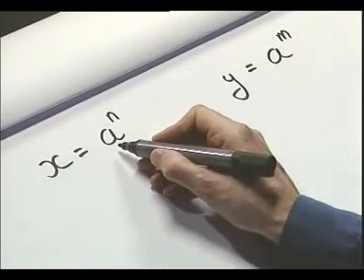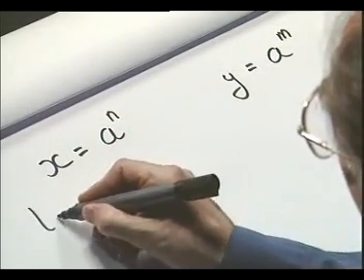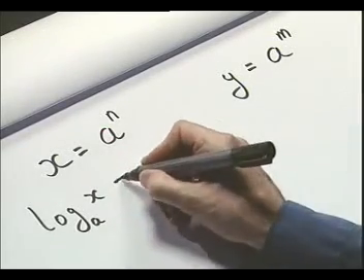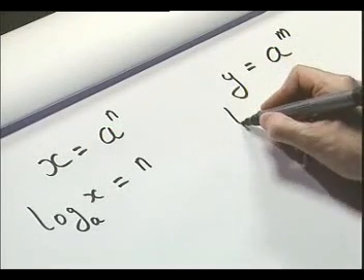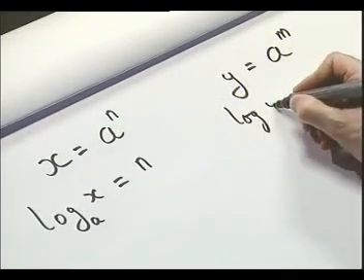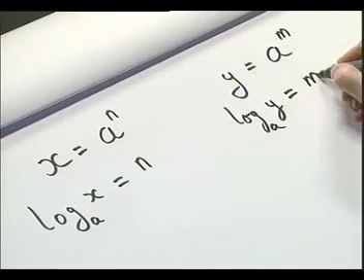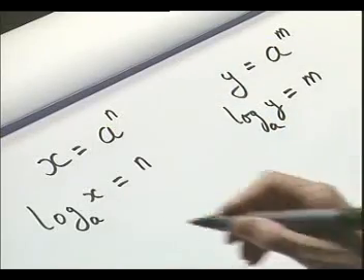Now this statement, x is a to the power n, is the equivalent of saying that the log of x to base a is equal to n. And this statement is the equivalent of saying the log of y, also to base a, is equal to m. We want to multiply these two together.